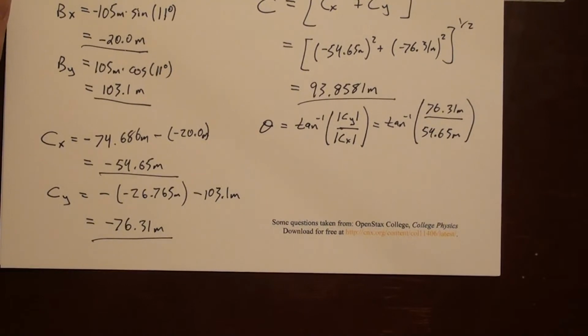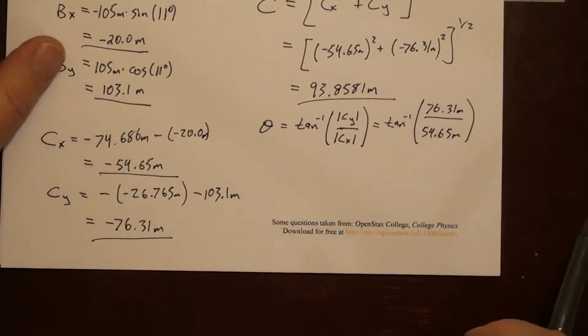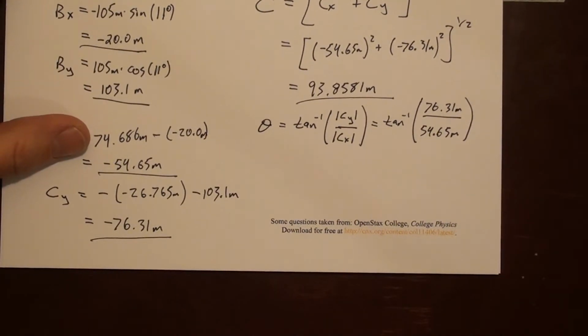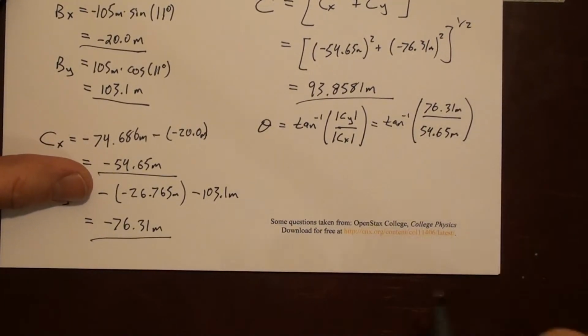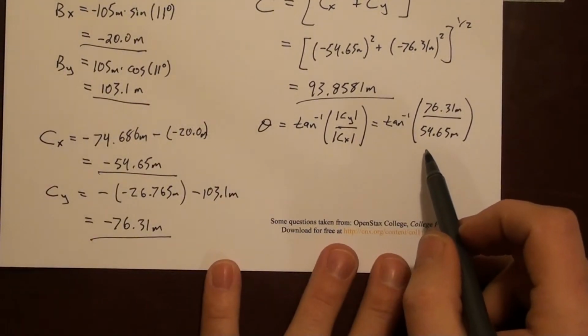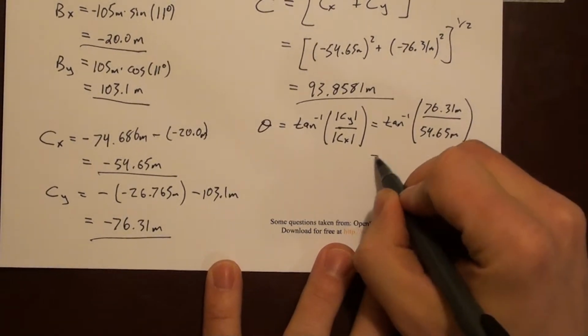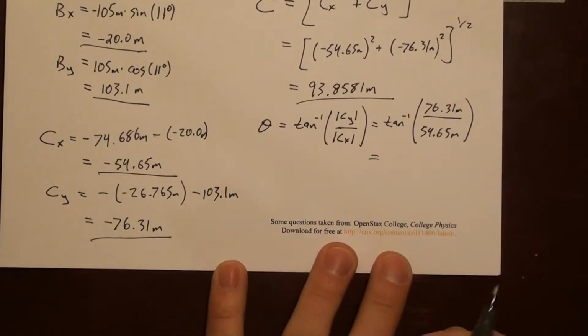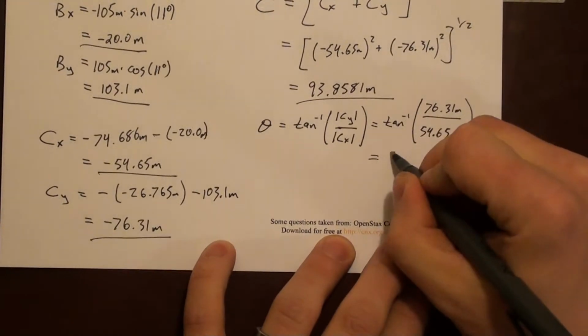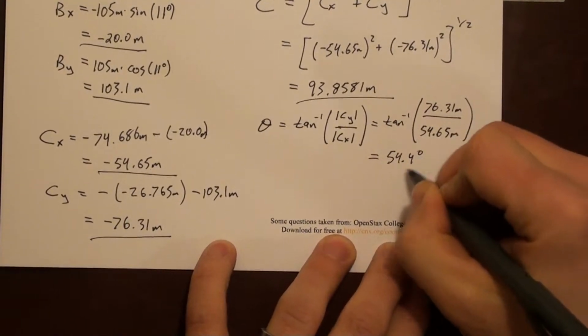If you take the arctangent of, say, a negative value, you might get the complement or the supplement of the angle you were looking for. So if you just plug in positive values, you can be sure that you're finding the inside angle of the triangle. Okay, so when you do this math, you get 54.4 degrees.